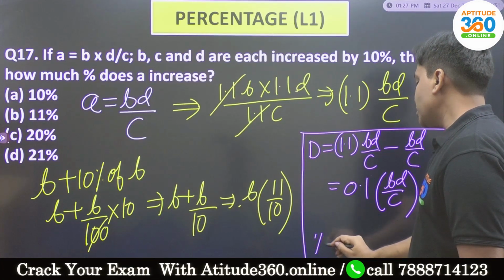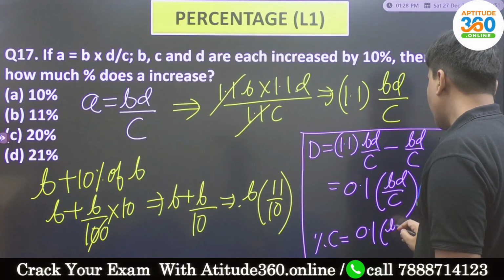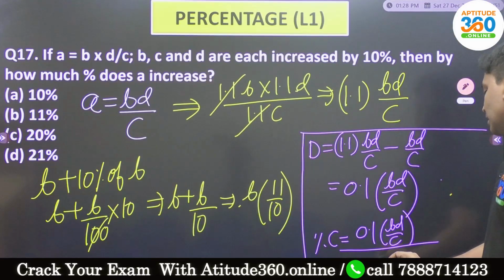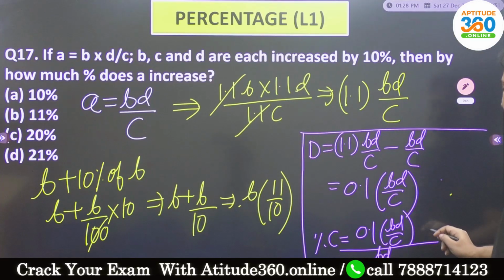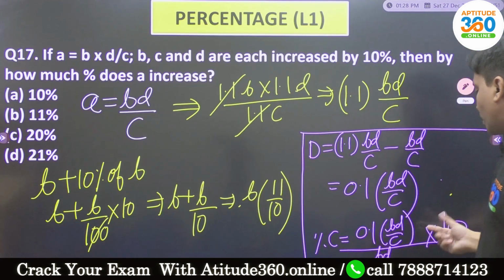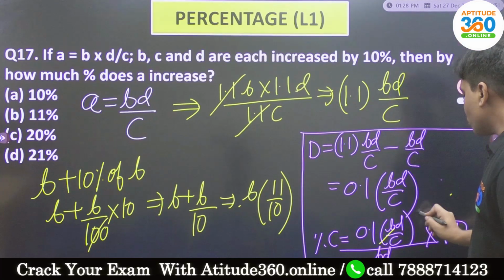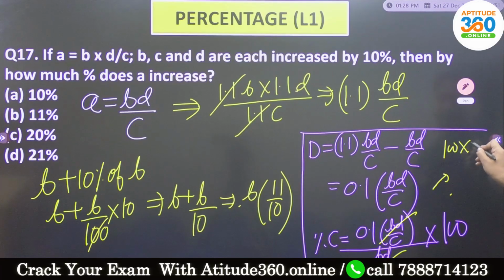Percent change is the change upon the original value into 100. The change is 0.1 times BD upon C, and in the denominator you have BD upon C into 100. So these two are gone, and you have 100 into 0.1.